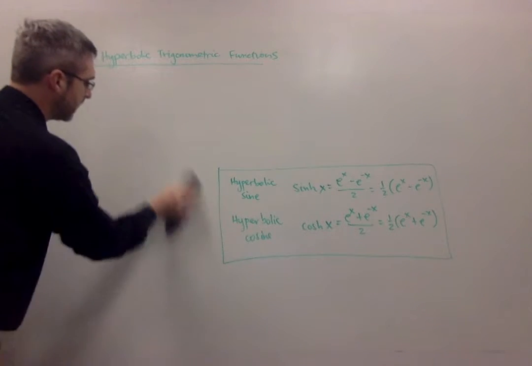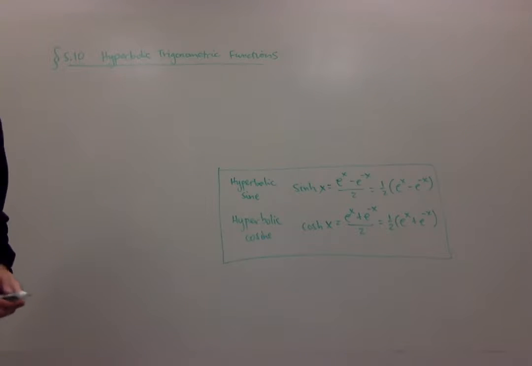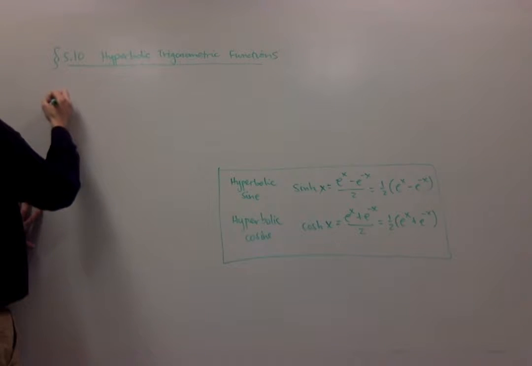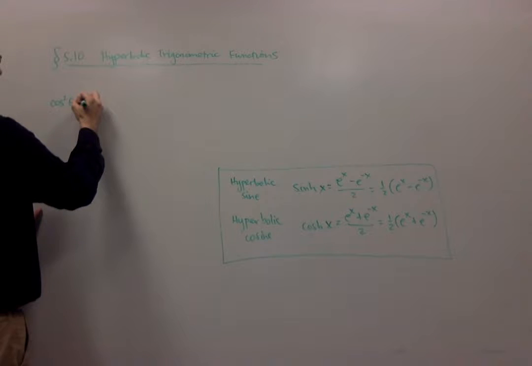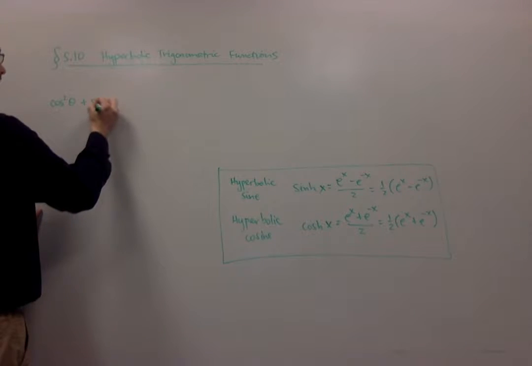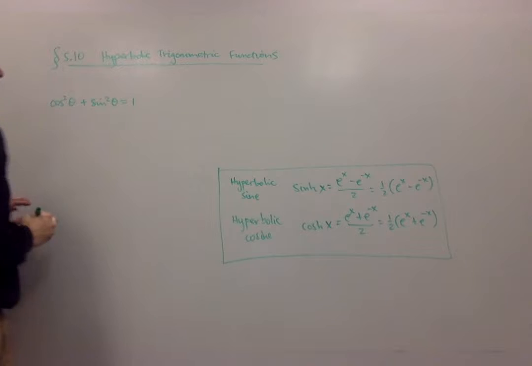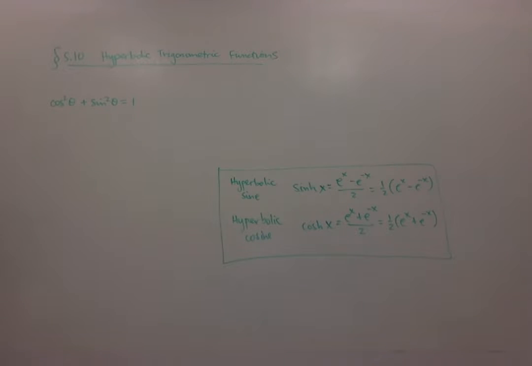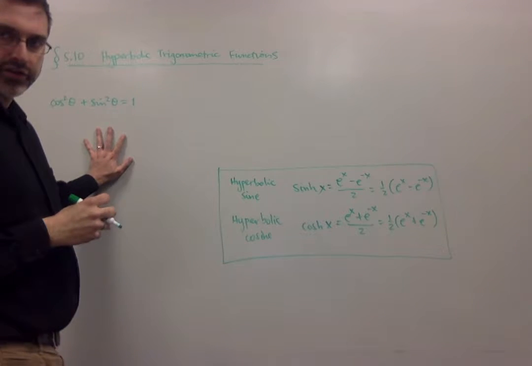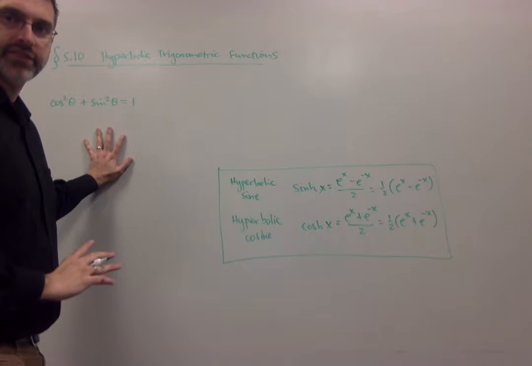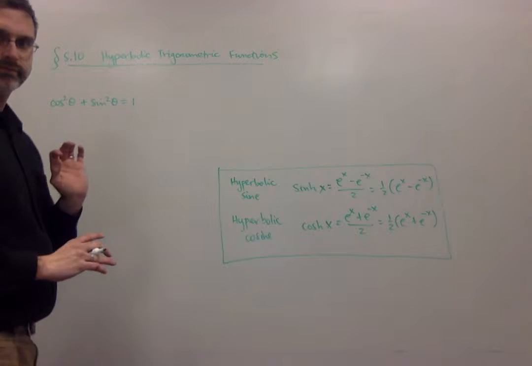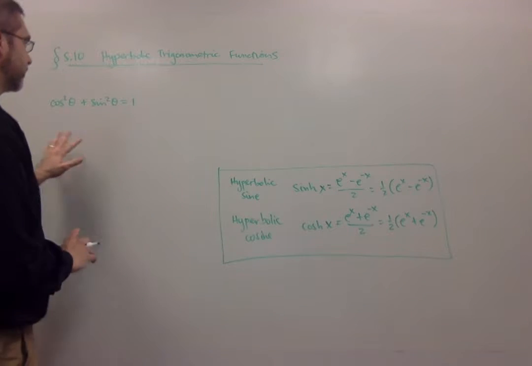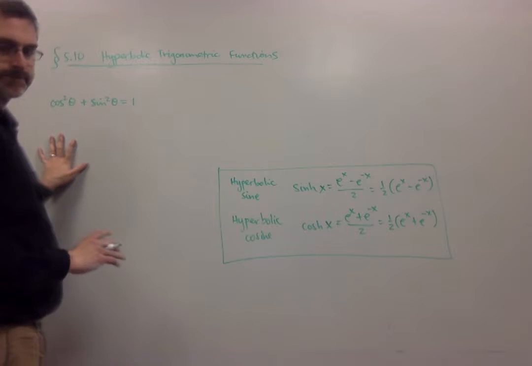Well, the motivation behind it is that, if you remember, there's an equation that says cosine squared of some angle plus sine squared of some angle equals 1, right? That's a trig identity that you're used to. That's with normal trig functions. That's true. All right? Cosine squared plus sine squared is 1. That's something that we know to be true.